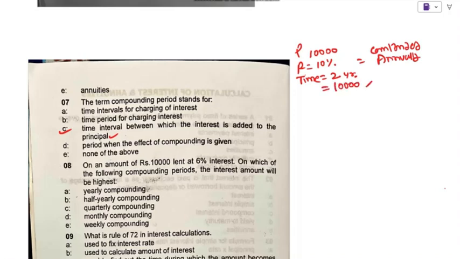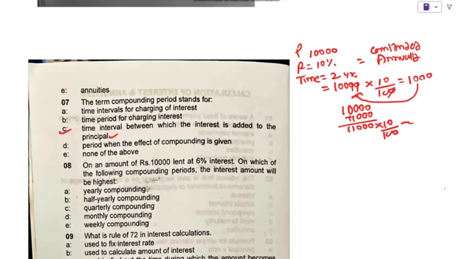So, what we do? First year interest will be 1,000. Now, this 1,000 will be added back to the old principal. The principal will be 11,000. Now, I calculate 10%. So, this year interest will be 1,100.